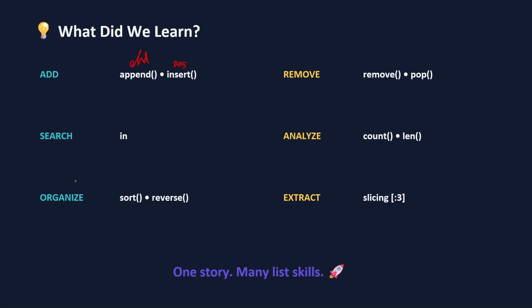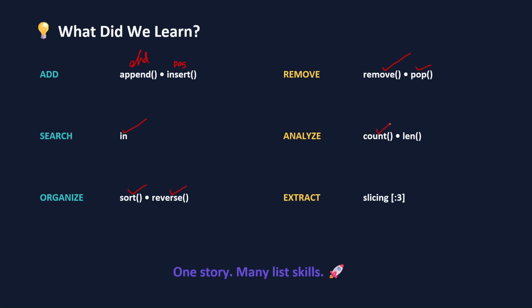Search will use the in method to search whether a particular element, like laptop, is available in the list. Organize will use the sort method to arrange the items in alphabetical order, and reverse will reverse the items from front to back. The remove method will just remove the item from the list. Pop will remove and return the item.